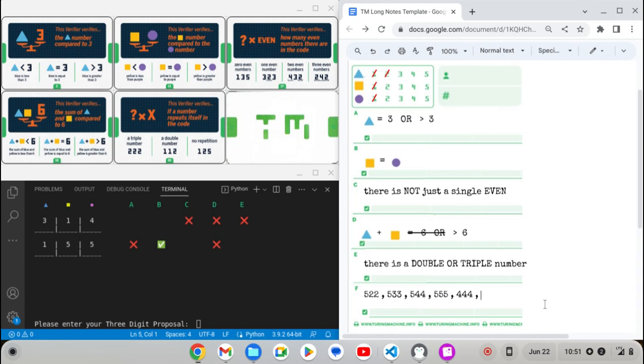What about 3s? It can't be 322. It could be 333. It can be 344, and it could be 355. If I did everything correctly, I think that's all of them. So that's 1, 2, 3, 4, 5, 6, 7, 8.